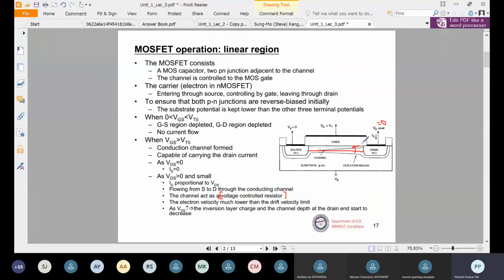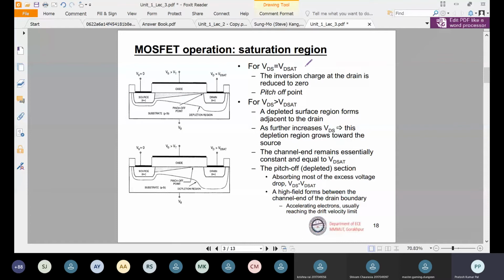So the value of the drain to source voltage, VDS, at which the channel just touches the drain and oxide interface, that value of drain to source voltage is called your VD set, and this point will be considered as the pinch off point.